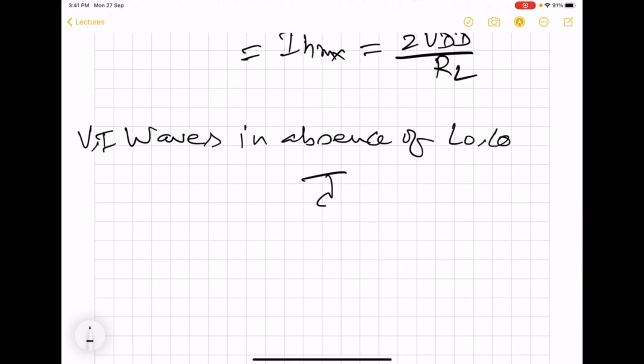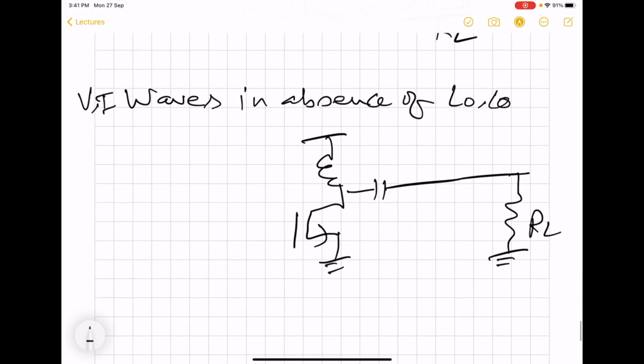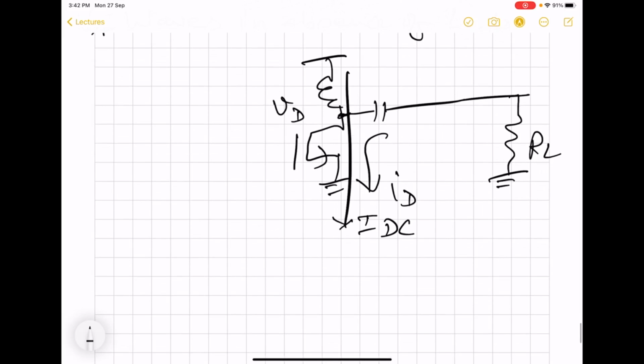So we have now this circuit here. So here we have the total drain current and we will have the total drain voltage. DC will continue to flow through this. So this total drain current, now you can see, has the entire harmonics.